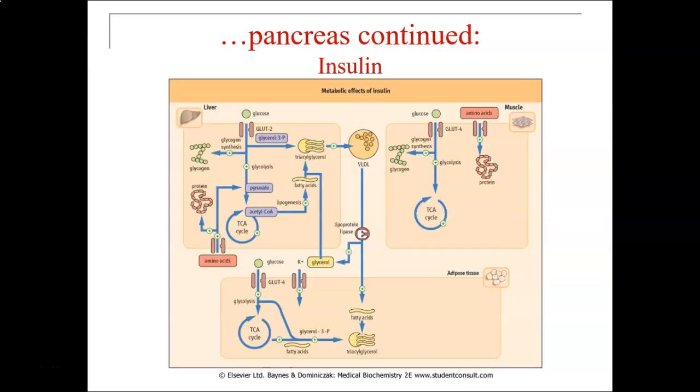All right, so that's actually the next thing we're going to get into. I'm just going to jump to this slide here. No, you do not have to remember every single step of this particular graph. This is just to show you the number of effects that insulin has. Insulin is released in the presence of elevated blood glucose levels.